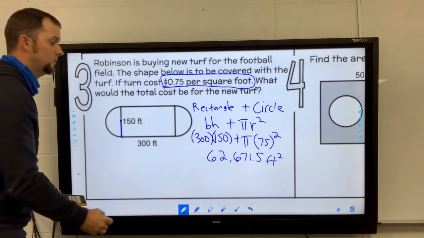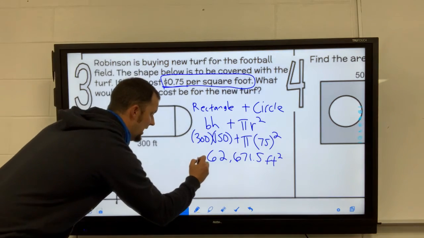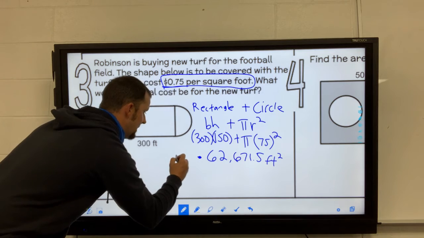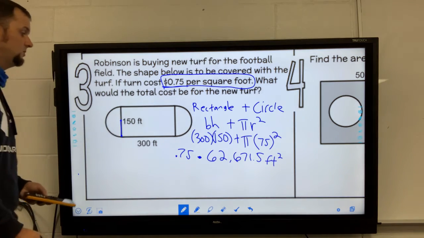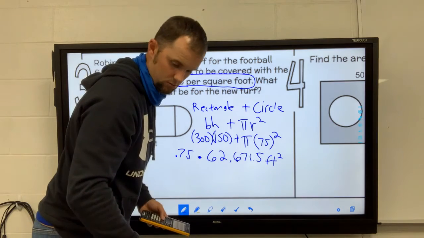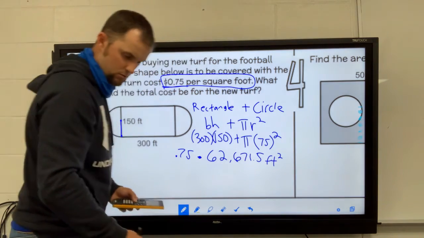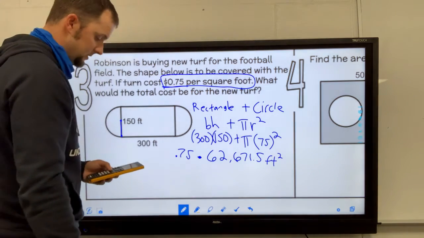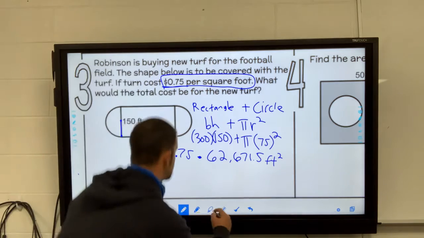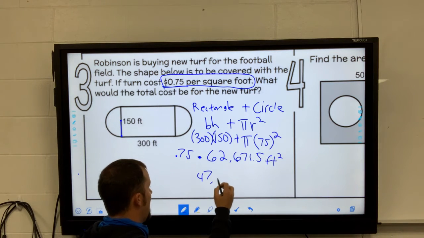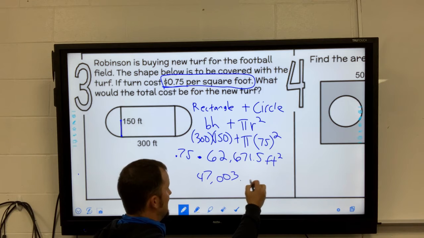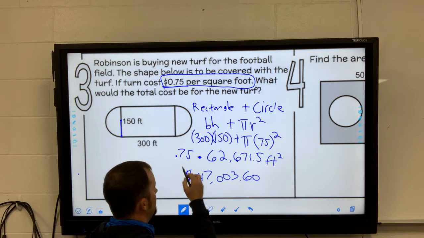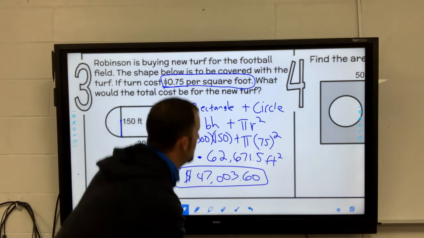So literally what I'm gonna do is I'm gonna take the square footage and I'm gonna multiply that by 0.75 or 75 cents. And whenever I do that, my total is gonna come out to be $47,003.60 would be the total to re-turf that whole field.